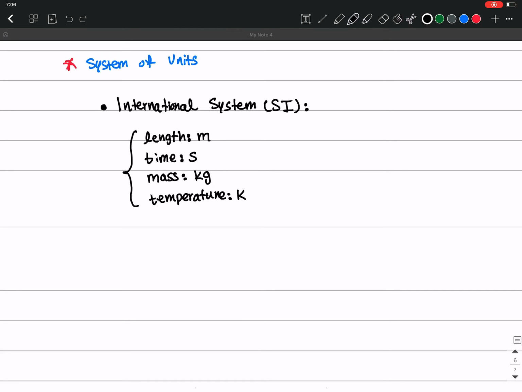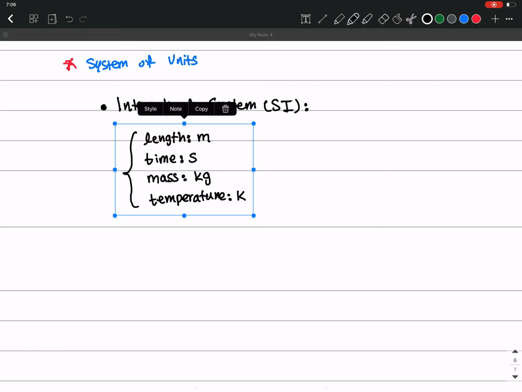It's mostly in the U.S. that they use the British gravitational system. But in other countries, the mostly used system is the international system. And also in the scientific literature, if you write any paper, we mostly use the international system and not the British gravitational system, that I'm going to introduce now.